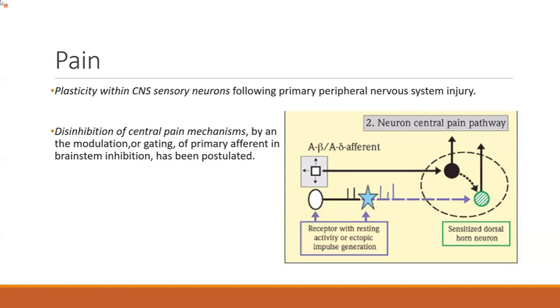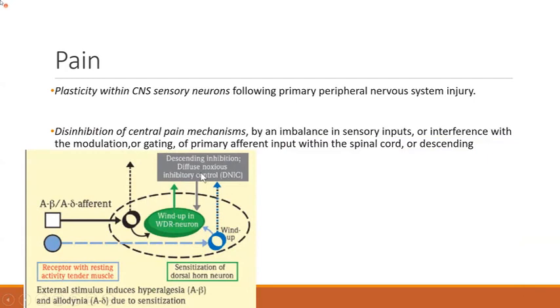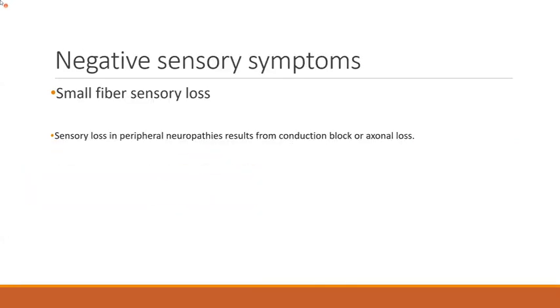So this plasticity within the CNS neurons can lead to increased pain. Then any defect in the descending inhibitory pathway for pain from the CNS can also lead to increased pain sensation. So these were various theories given for increased pain during neuropathy without any noxious stimulation.